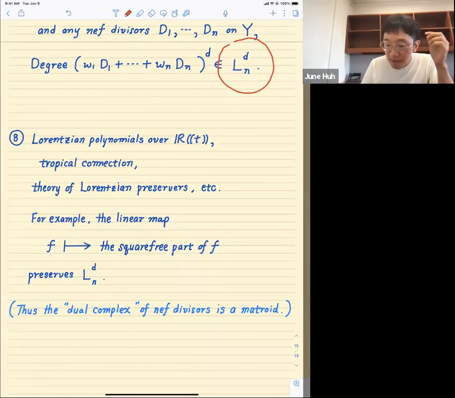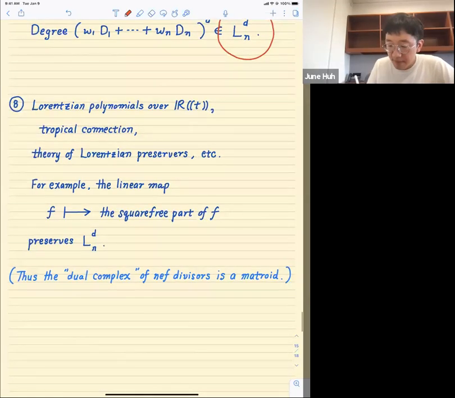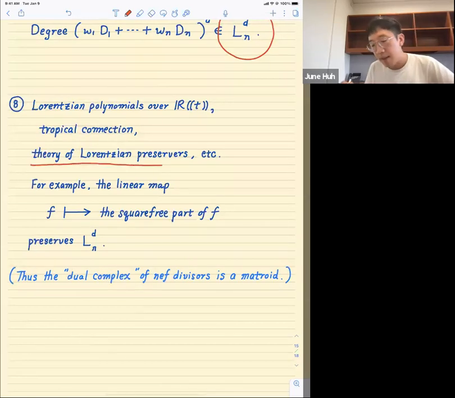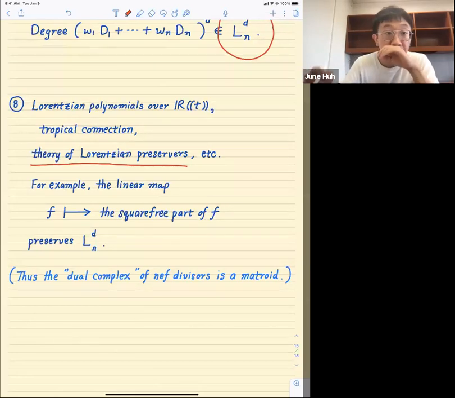But before ending the talk, let me highlight one of the basic consequences of this consideration, which is that you can develop a theory of Lorentzian preservers, producing a large family of linear operators that preserve the class L^d_n.